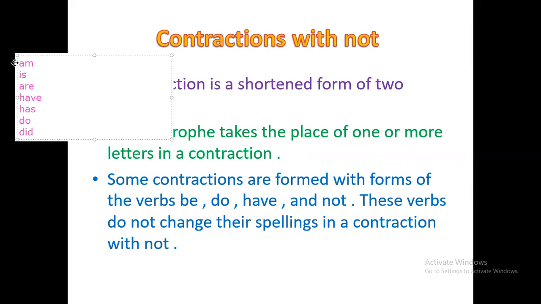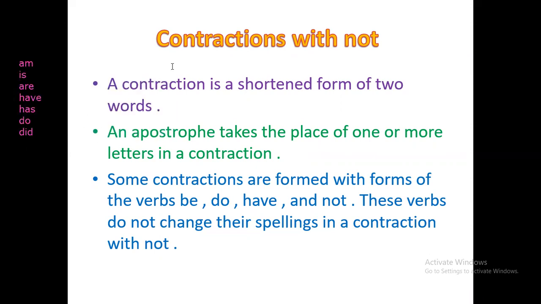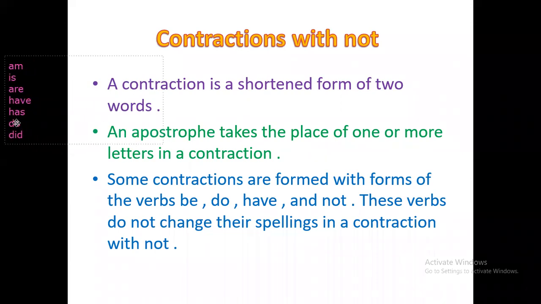The word not can come after these words, and we can make a contraction for these words plus not. But when we make a contraction for these words with not, we will not change anything in the helping verbs. We're going to change something in not.